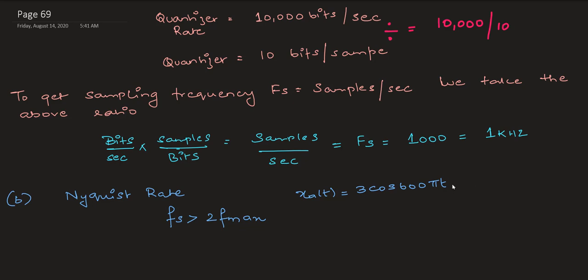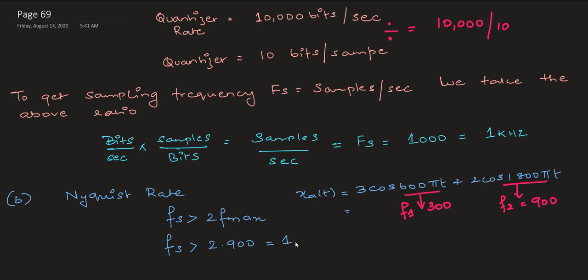The Nyquist rate is given by Fs greater than 2F max, that is the maximum frequency of these two signals. In this case, it's going to be 900. So when I say Fs greater than 2 into 900, I'm going to get 1800 or 1.8 kilohertz, which is my Nyquist rate. Good. Always use Fmax when you have multiple frequencies in your given signal.